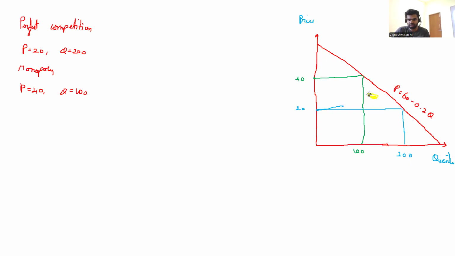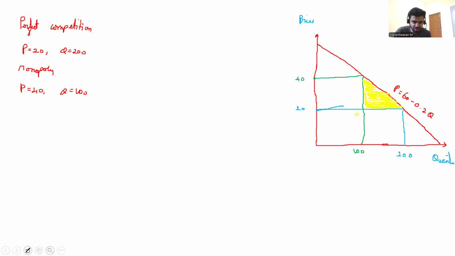This is the deadweight loss question, right? If we want to find this yellow value, it is just a triangle, right? The height of the triangle is 20, because 40 minus 20 is 20.